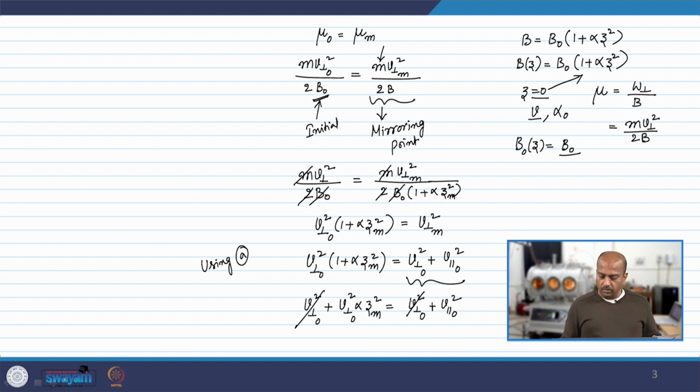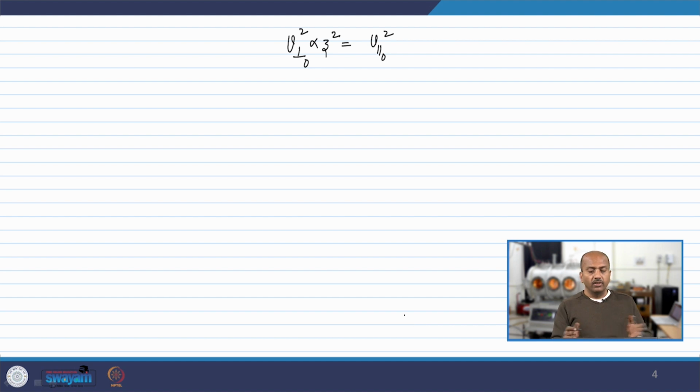This gets cancelled, and as a result what we have is V perpendicular 0 square alpha Zm square is V parallel 0 square. Right. So, we have everything in terms of the initial velocities, nothing which is representing the state of the electron at the mirroring point.